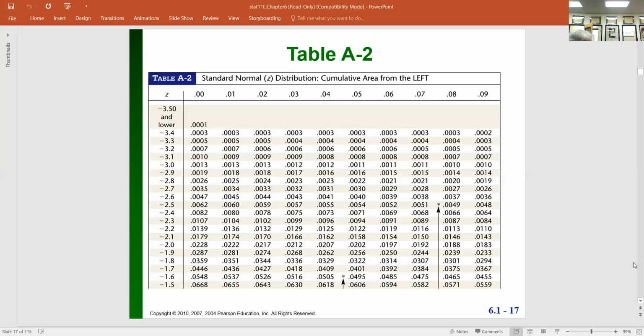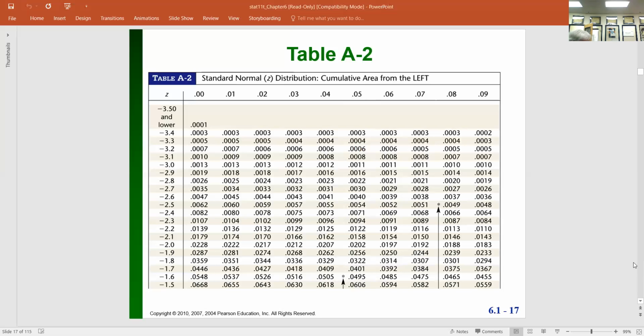0.0367 is, we have to subtract that value from the next value up, which is 0.0548. If we subtract that 0.0367, we get 0.0181.